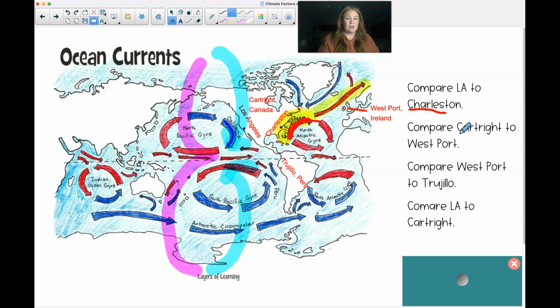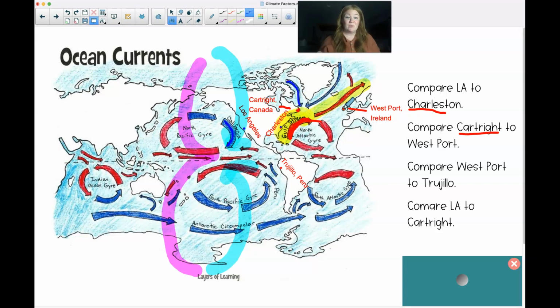Okay, so let's look at Cartwright, Canada. So that is here. Cartwright, and then we've got Westport, Ireland. So again, those similar latitudes, you would expect them to be very similar. However, Canada has this cold water coming back down. So it's staying very cold all the time.